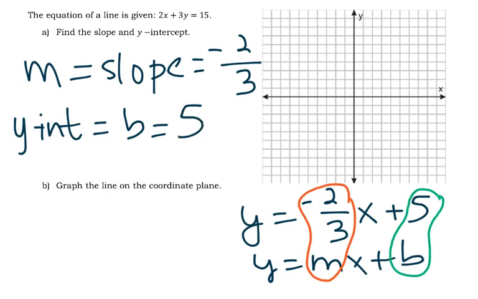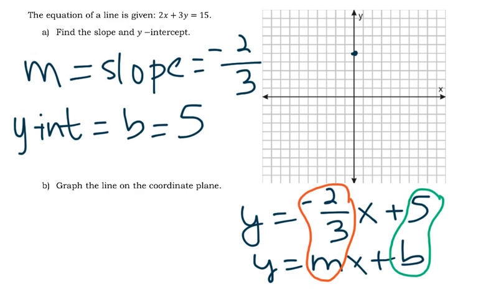Now if I want to graph this line, I need those two things, so I'm going to start with the y-intercept. The y-intercept is at 5, so on the y-axis I'm going to go up 5. You always start at the origin, and you count up 5: 1, 2, 3, 4, 5. Then my slope is negative 2/3.